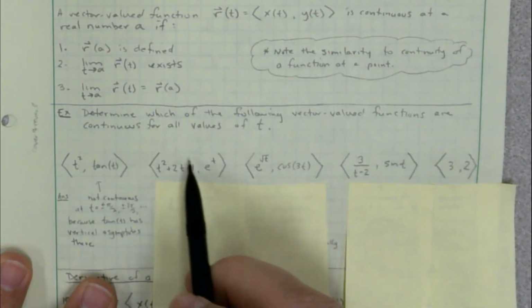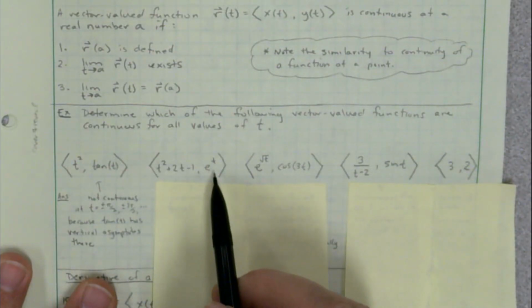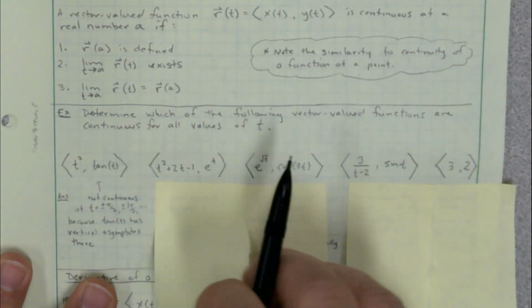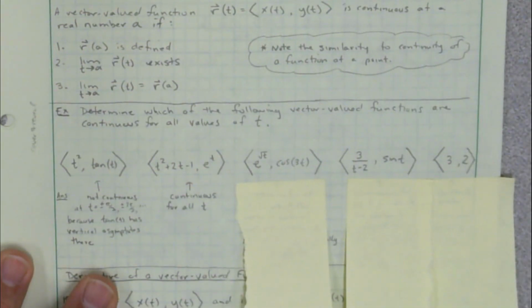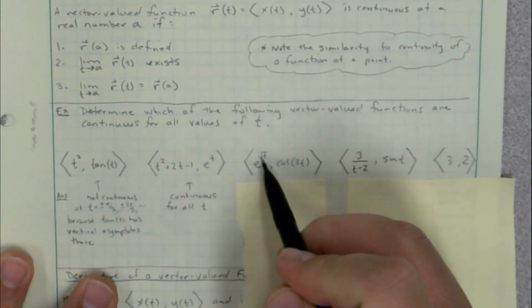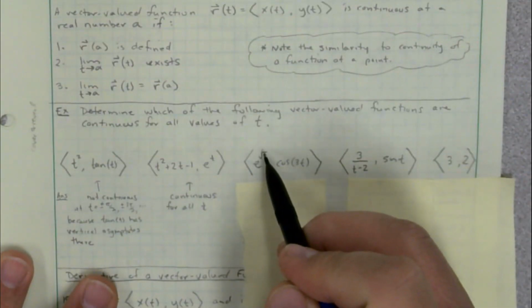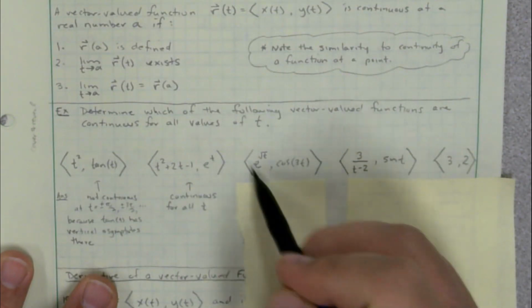Over here, this is a polynomial, so it would be continuous everywhere. This is e of t, so it's continuous everywhere. So that one is continuous for all t. Here I have a square root, so clearly I can't plug in values less than 0. Cosine is continuous everywhere, but I have a restriction on this one.